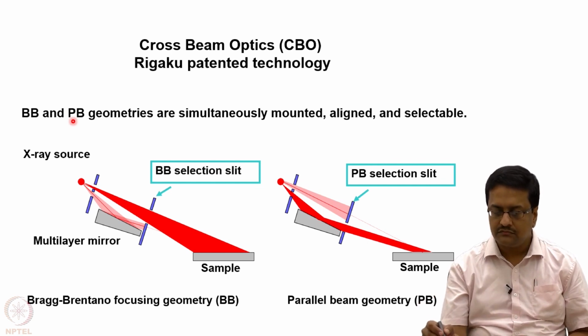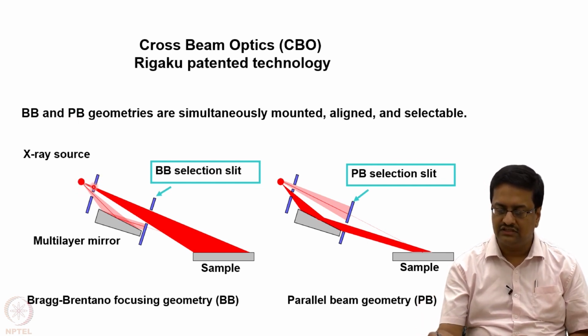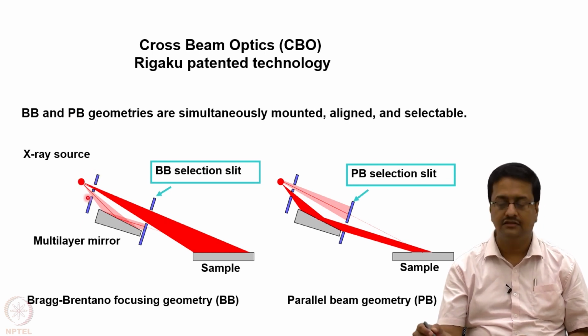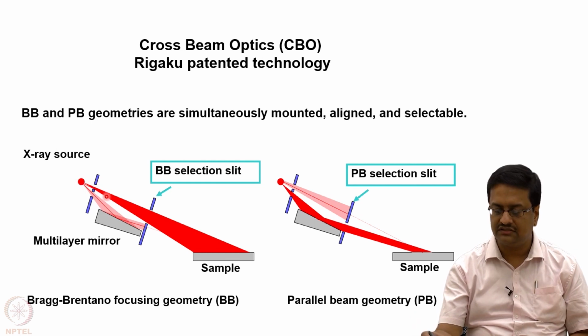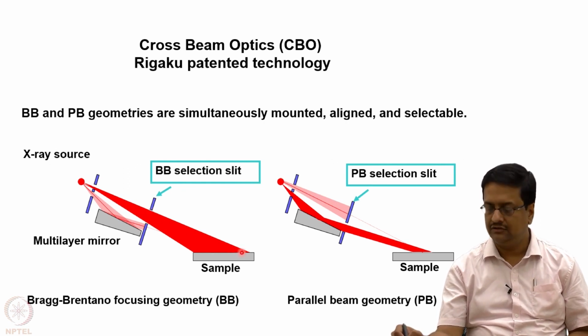So if you have a source and the source has two openings here in the shutter and both the beams come, so once you pass through the first shutter, then you have a Bragg-Brentano slit which allows the divergent beam to fall on the sample and cover the larger area as much as possible of the sample and go back and get diffracted.